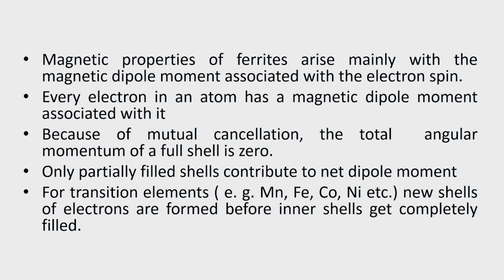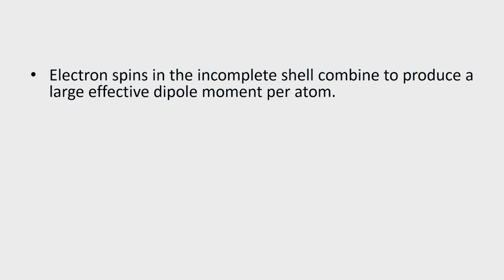So, we have formation of outer shells even when inner shells are not fully filled, and giving rise to partially filled shells. Electron spins in the incomplete shell combine to produce a large effective dipole moment per atom.